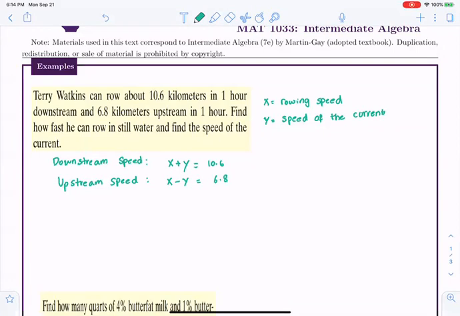So now we have a very easy case of a linear system of equations in two variables. We know how to solve that. Once you formulate the problem, it really doesn't matter which approach you use to solve the system. You can choose the substitution method, or the elimination method, whichever one you like.